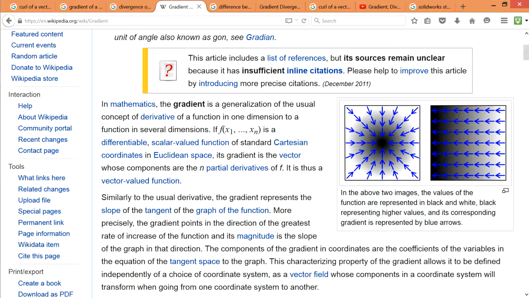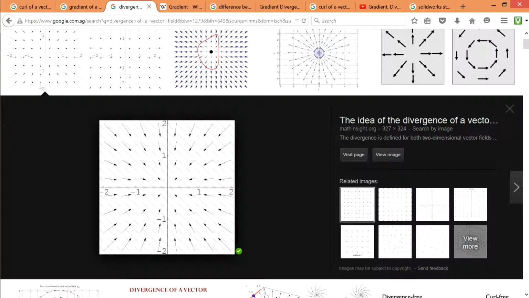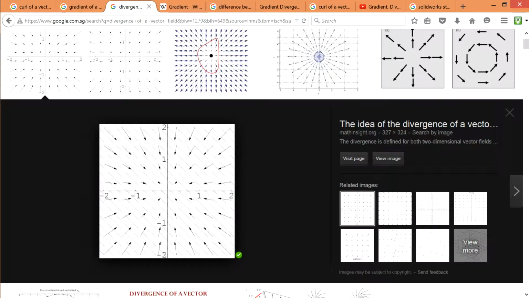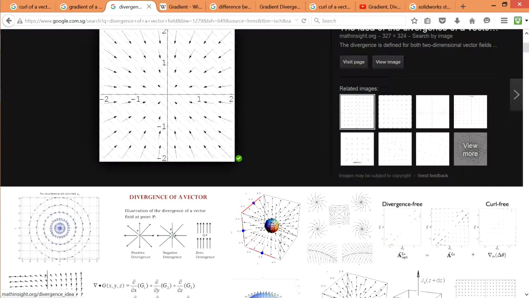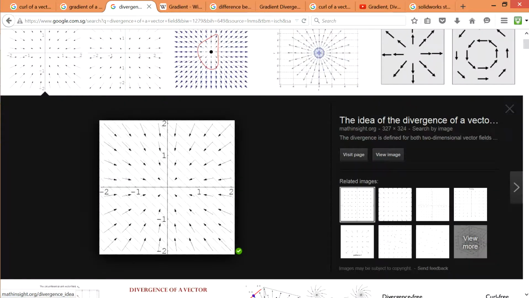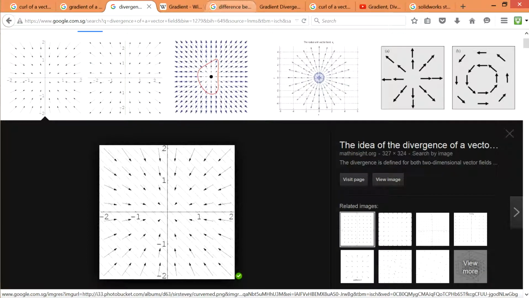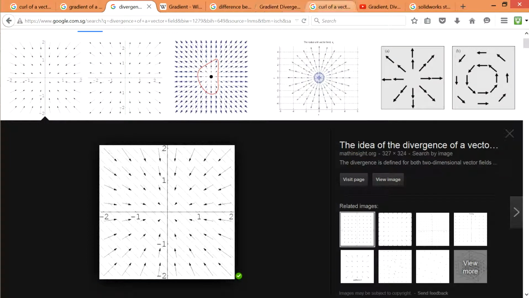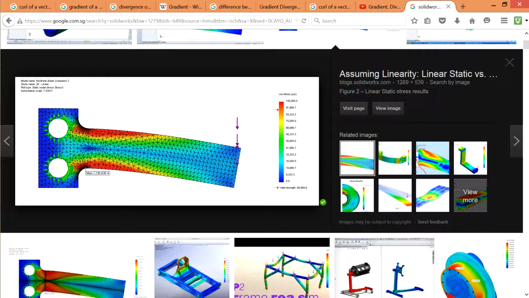As for divergence, it's a similar concept. I'll not go into details on how they are similar, because I also don't know exactly. But what I want to convey is, if you remember SolidWorks, you see all this color, green, blue, yellow, red.